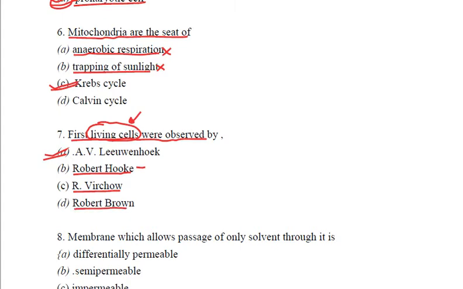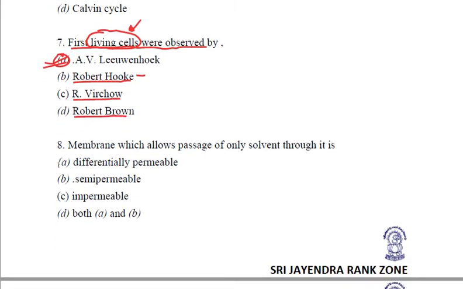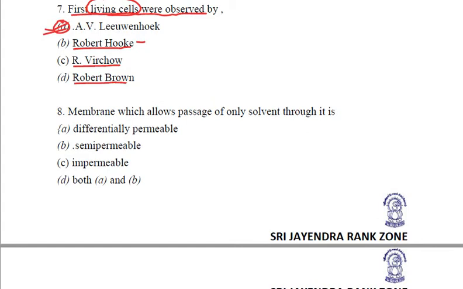It was A. V. Leeuwenhoek who discovered the first living cells. The main focus is once again on living, because Robert Hooke discovered the cork cells, which were dead cells. Clear? So you need to focus on what exactly the question is asking. Next, membrane which allows passage of only solvent through it is it differentially permeable or semi-permeable or impermeable or both A and B?